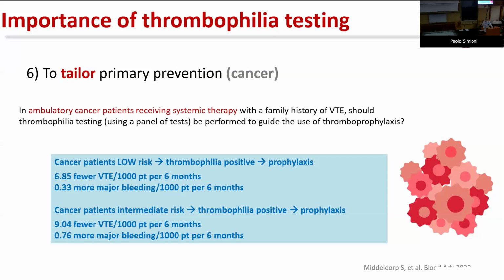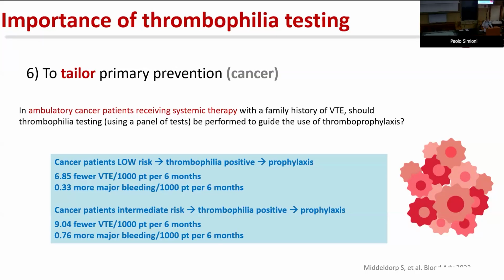Pancreatic cancer is dramatically associated with thrombosis. Maybe breast cancer is much less associated with thrombosis. So if you have to decide to administer prophylaxis depending on the type of cancer, I think that you would say, I give prophylaxis to the pancreatic cancer and not to the breast cancer.